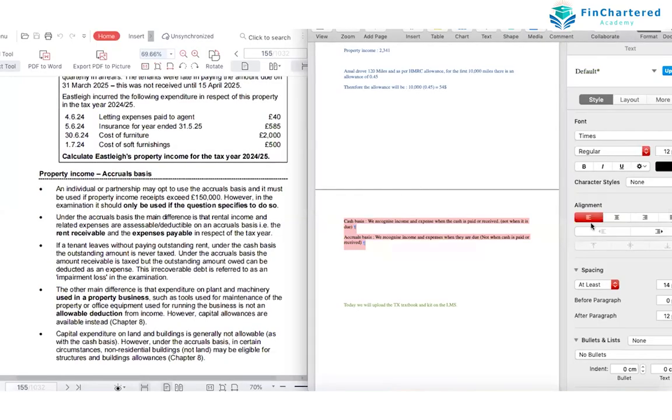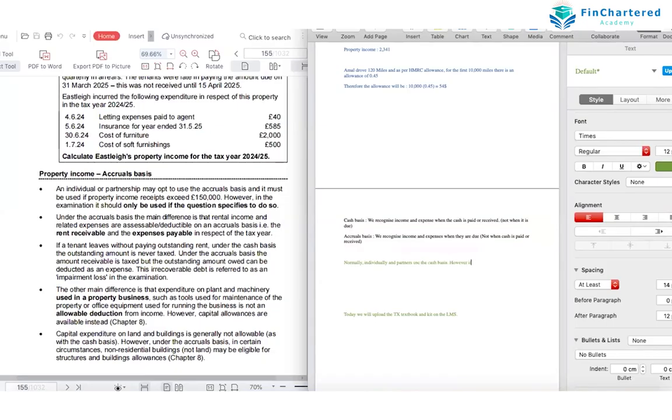And normally we've seen that we use the cash basis, right? Normally, that's why I taught you the cash basis first, and that's why even the textbook is talking about the cash basis first. Normally, individuals and partnerships use the cash basis.